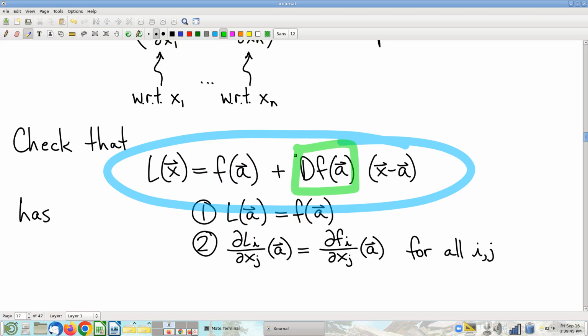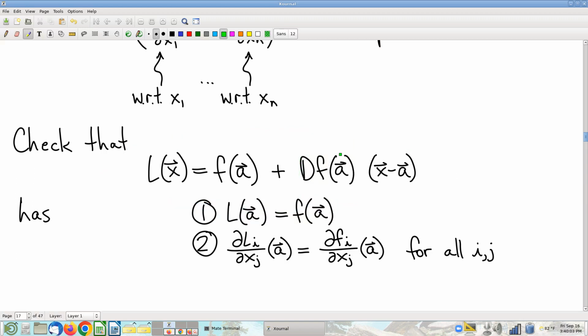And you will recall that matrices are all linear. So this is an approximation, most of the work of which is being done by a linear term. Thus the term linear approximation, just because of that.